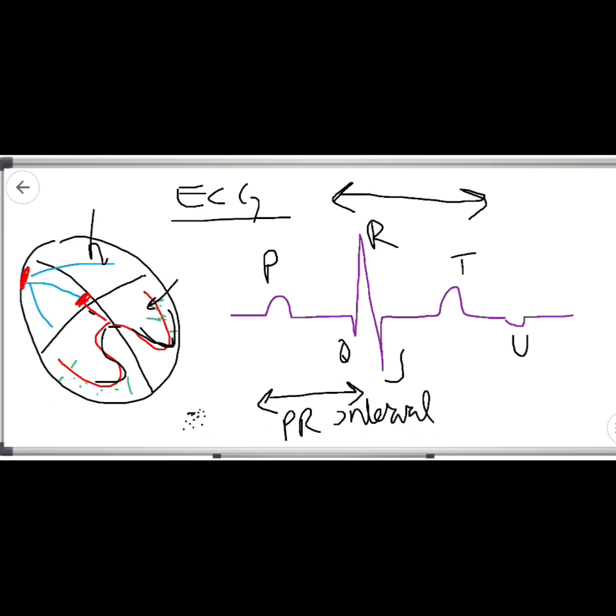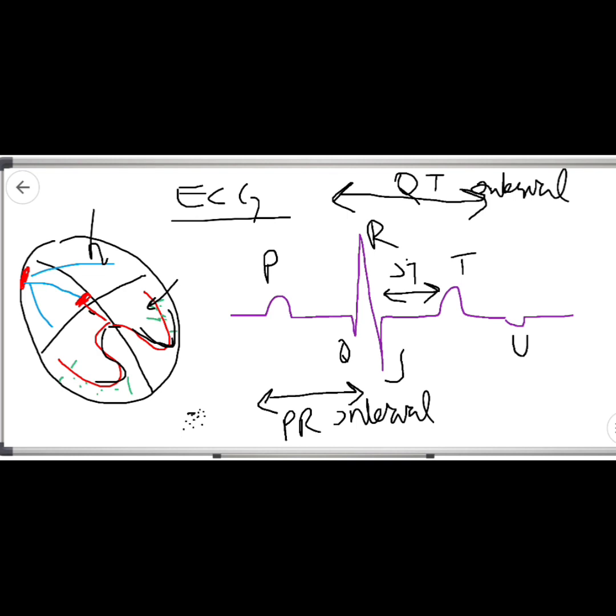In other words, you can say simply, though this is not exactly what it is, from the onset of ventricular contraction to the end of ventricular relaxation, that is represented by the QT interval. So you have the QT interval over here. And then you have this portion from the S to the start of the T, that is called the ST segment.